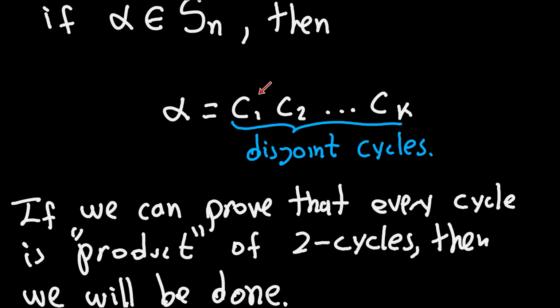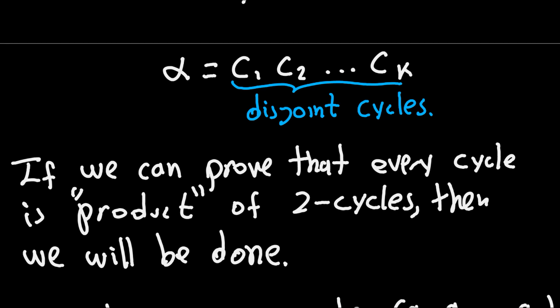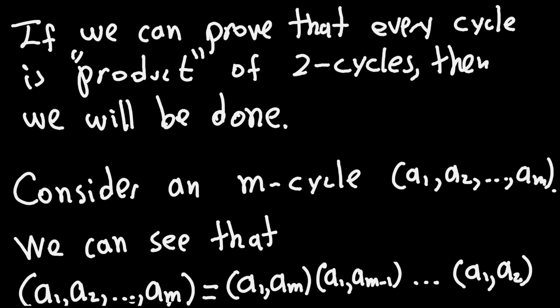If I can prove that this cycle alone is a product of two cycles, and this cycle is a product of two cycles, and every other cycle here is a product of two cycles, then of course everything here will be a product of two cycles. So to finish this proof, we only have to look at one cycle and prove that for any cycle, we can express it as a product or composition of two cycles.